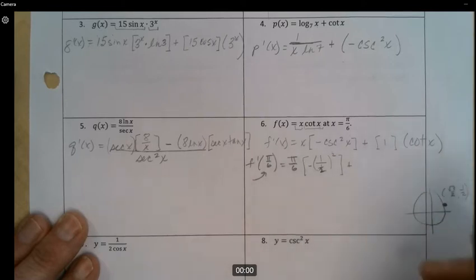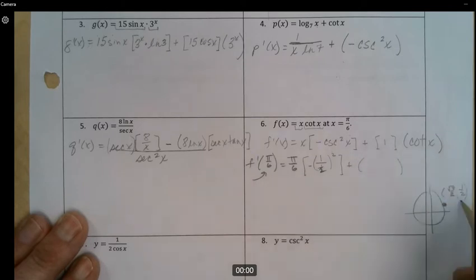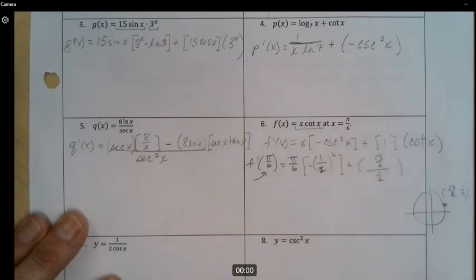Plus, I don't need to deal with this 1. So now I have to deal with my cotangent of pi over 6. My cotangent of pi over 6 is root 3 over 2 over 1/2, because cotangent is cosine over sine. Is everyone with me so far?